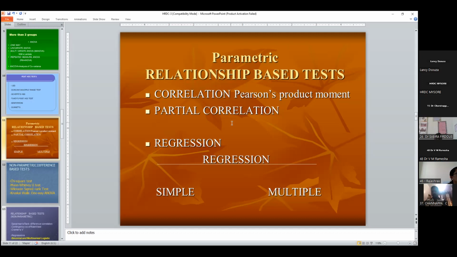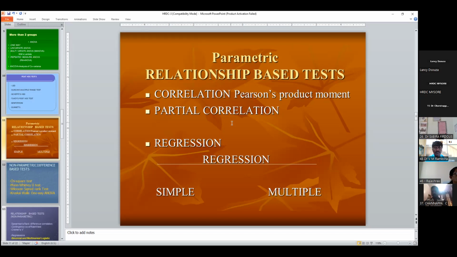As x increases, y might decrease, then the rate of change is negative or minus. If as x increases, y also increases, then the rate of change is positive. Depending upon the nature of the two variables, we can decide regression analysis. And there are two types, simple versus multiple regression. In simple regression, we have one x and one y, where y is called the major predictor or major dependent.